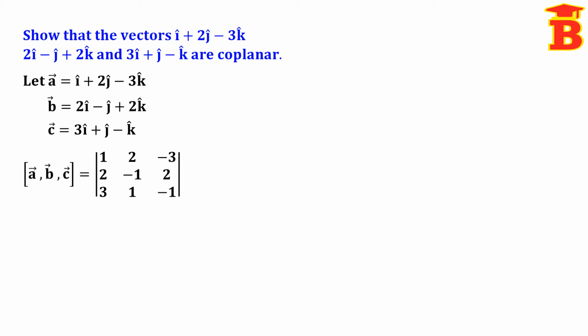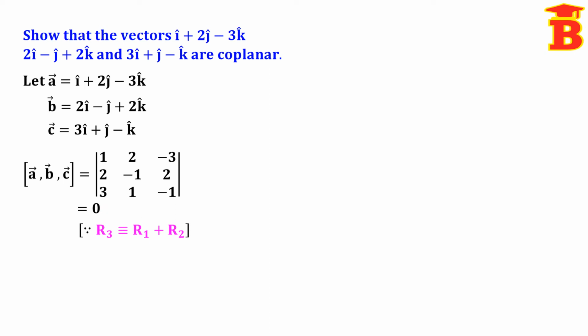We have to get the answer 0. Then only it's coplanar. And here straight away we can write equal to 0 using the property R3 is identical to R1 plus R2. So adding this first row and second row, we get the third row. Therefore the value of the determinant is 0.